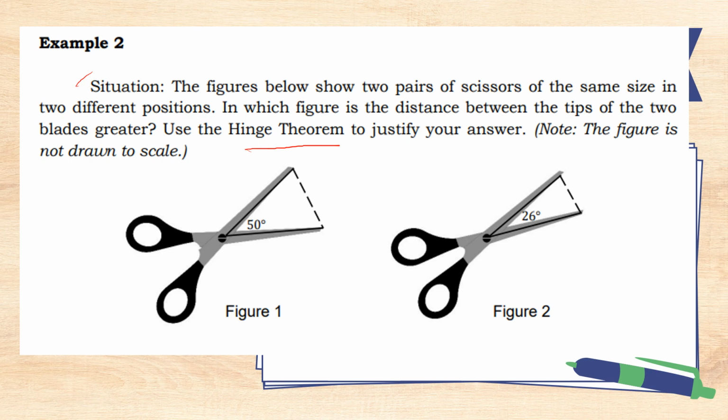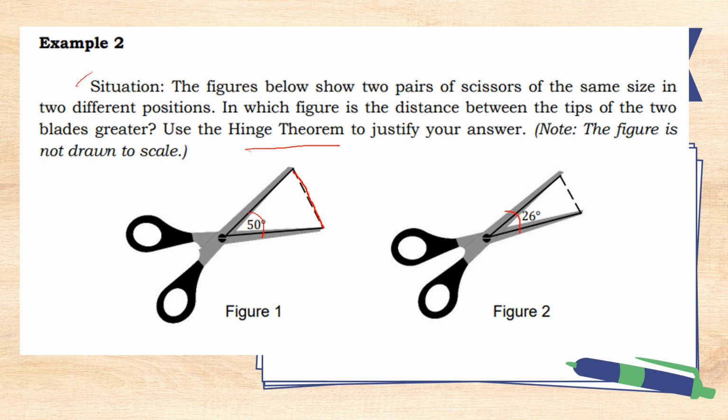The distance between the tips of the two blades in figure 1 is greater since the angle opposite to this side is greater, which measures 50 degrees as compared to the other figure which measures only 26.